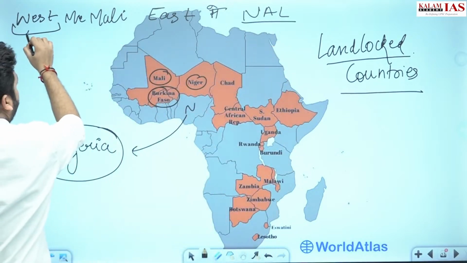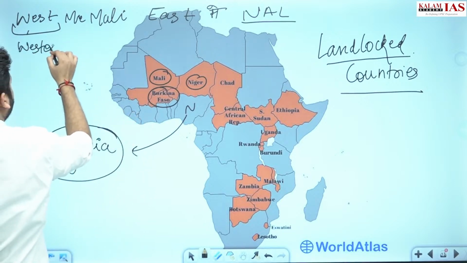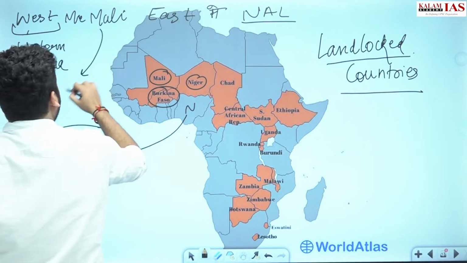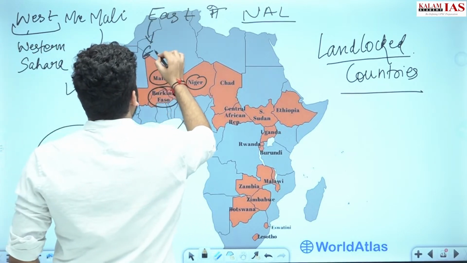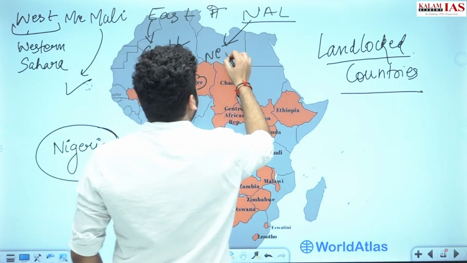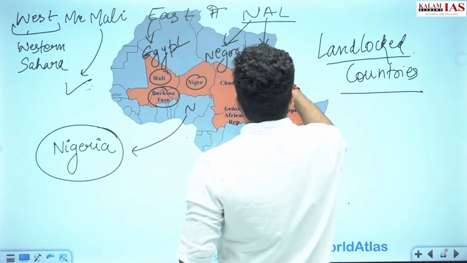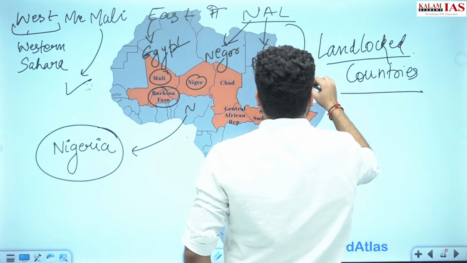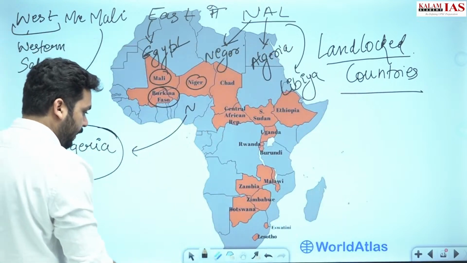This was Western Sahara, Mali itself is a country. Western Sahara, Mali, E for Egypt, N for Niger. So this was the red flag. Niger. And then Algeria, L for Libya. I hope you remember. Keep practicing them.